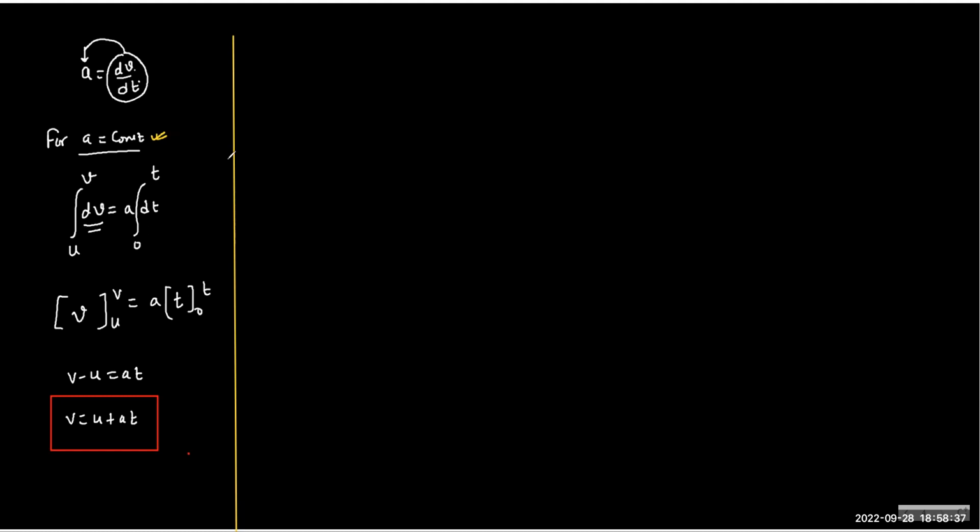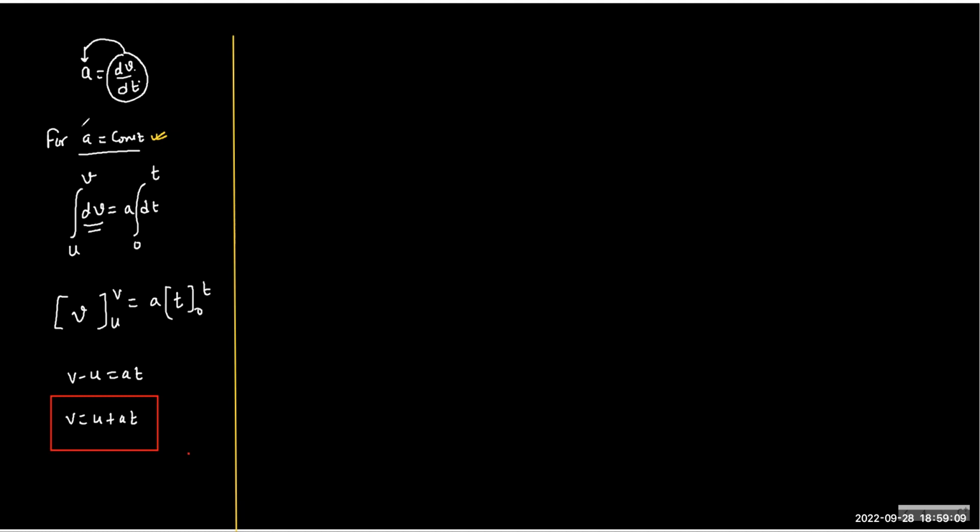Should we use the formula when A is a function of time t? Should we use the formula when A is a function of position? Should we use this formula when A is a function of velocity? No, sir. We cannot use this formula unless acceleration is a constant value. And that is why the kinematical equations represent constant acceleration relations.